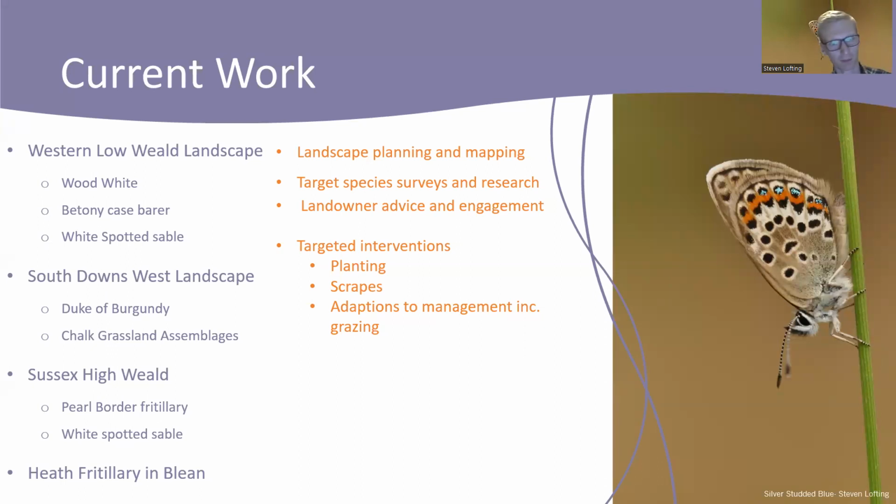And one of the more difficult things we can do as a targeted intervention is adaptations to management. That could include grazing regimes, or it can include coppicing cycles. There's a whole different range of techniques we can use.